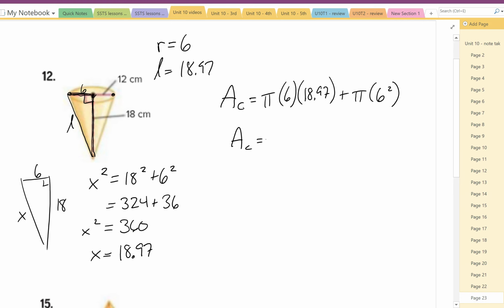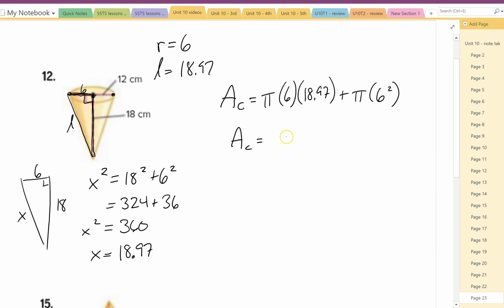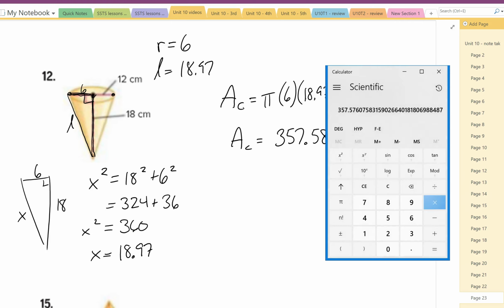So pi times 6 times 18.97, 357.58. And then pi times 6 squared. 6 squared is 36. So I'm just going to do pi times 36.